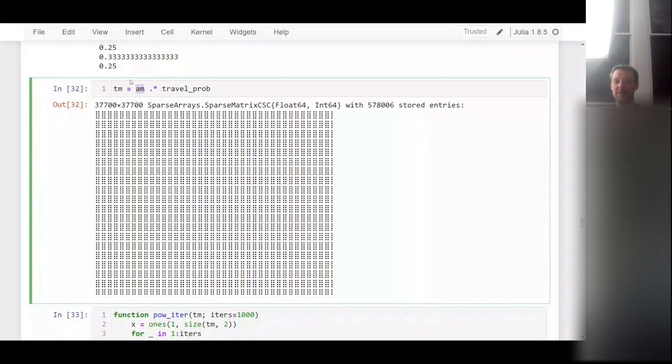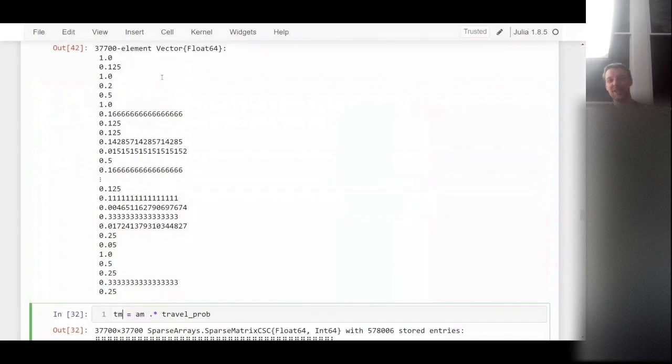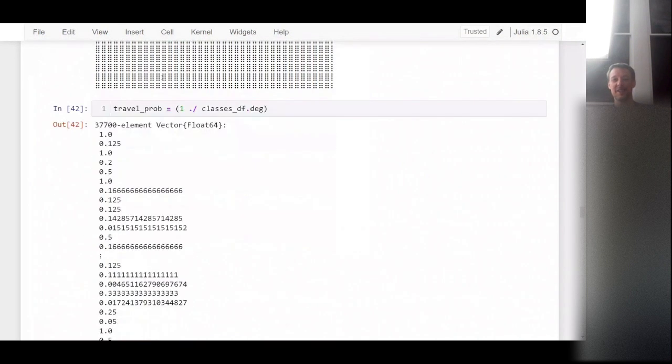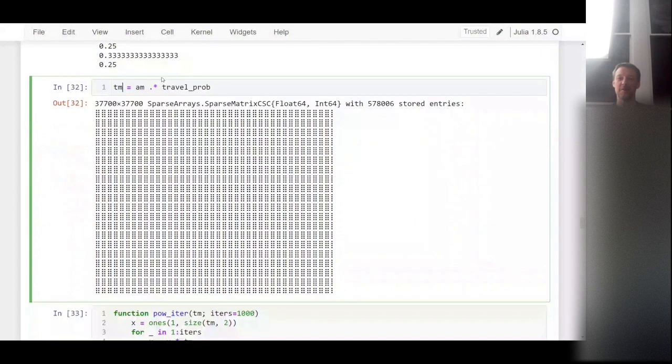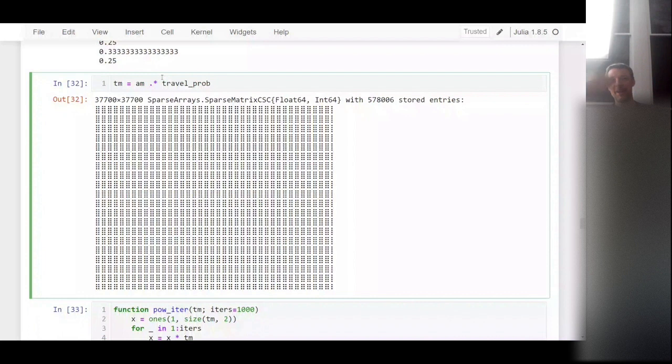TM is the transition matrix, and this is exactly the transition matrix of a Markov chain for people who know Markov chains. So I want to create a transition matrix from the adjacency matrix.